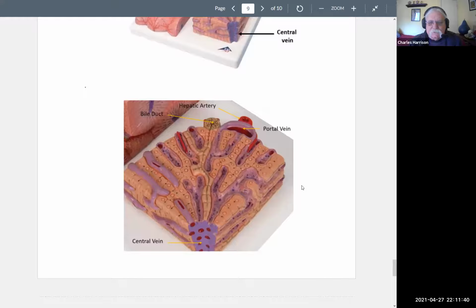Okay. Here's that central vein, cut in quarters. Okay. At this point here, we have 3 structures. Here's the hepatic artery.